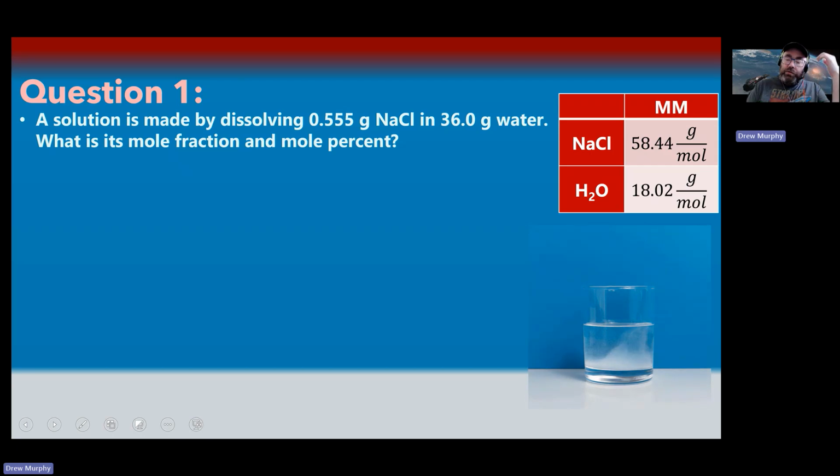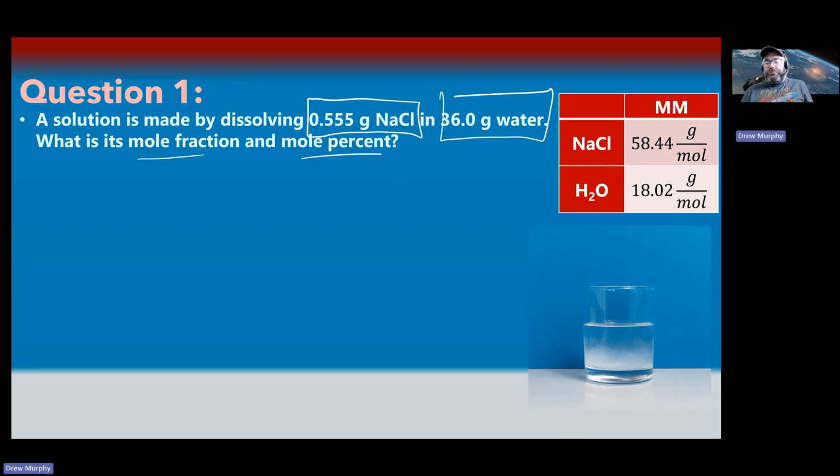We are doing 5.55 grams of sodium chloride in 36 grams of water. We want to know mole fraction and mole percent. All right, let's take a stab. We have to get both of these to be moles first.